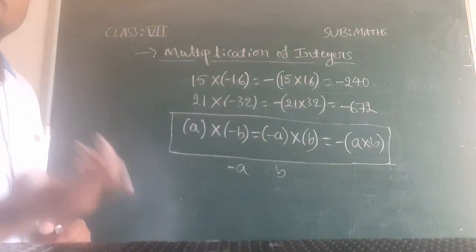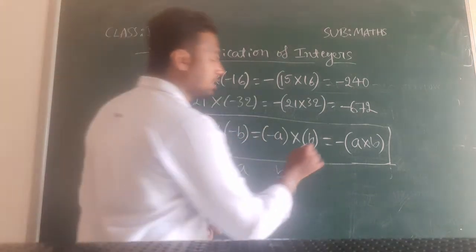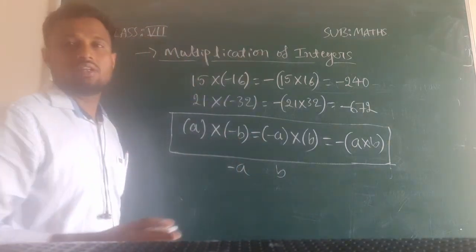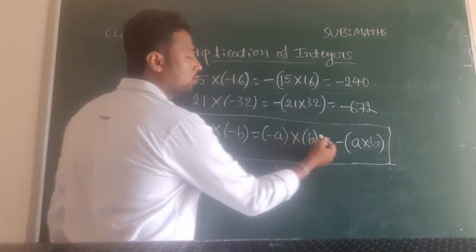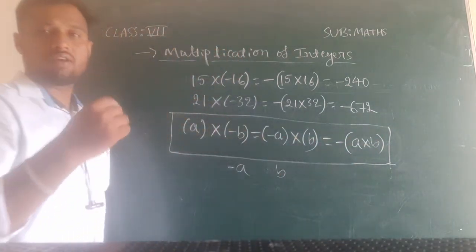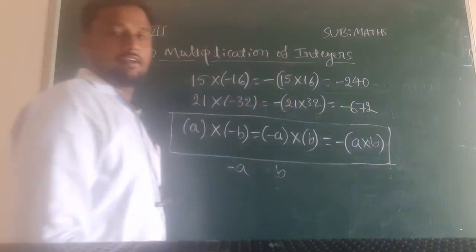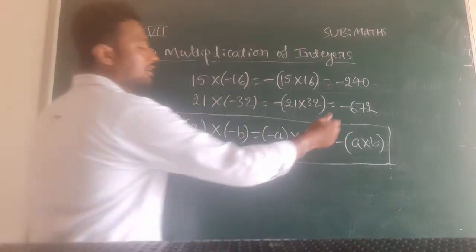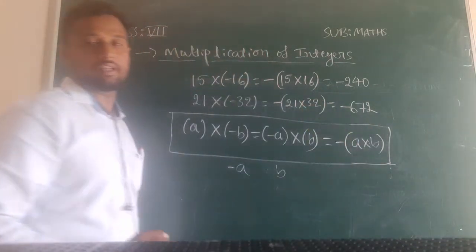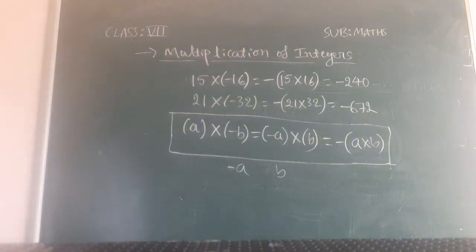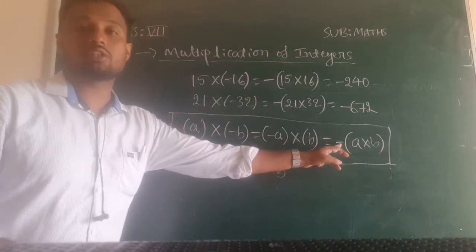At that time, to multiply, we always directly consider a into b. Whatever values you have, just consider directly the values a into b, and outside this bracket consider the minus sign.